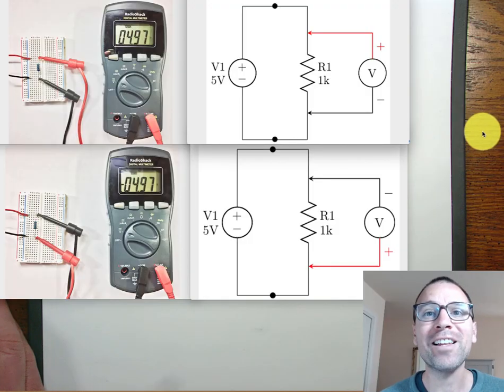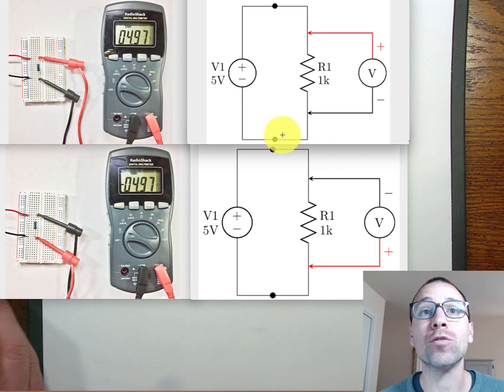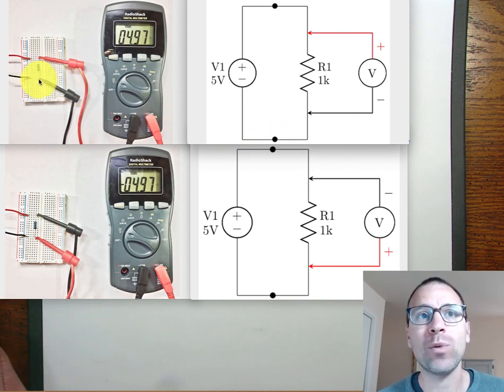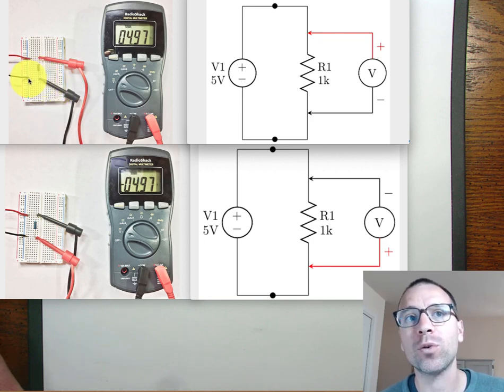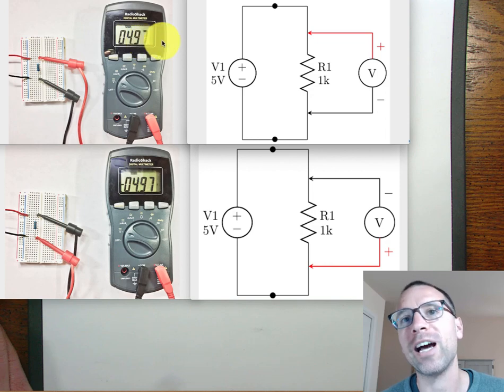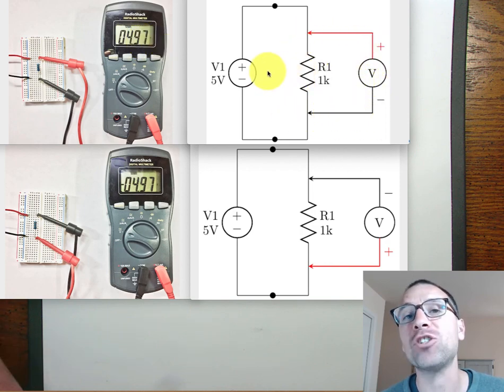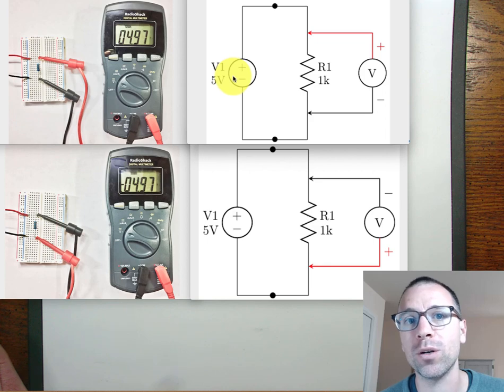This is directly analogous to what we see when we measure voltages. In the case that we attach the negative end of my multimeter, the negative lead, to the bottom of the resistor where the negative lead of the voltage source is, the positive end on top, notice that measurement is a positive 4.97 volts. In other words, my polarity in this case matches the polarity of my voltage source.